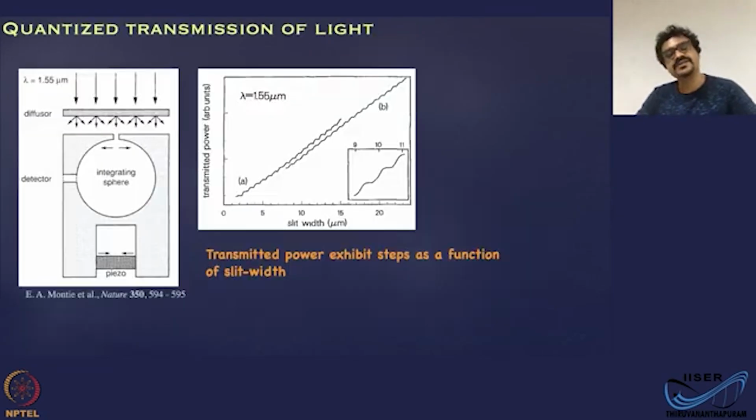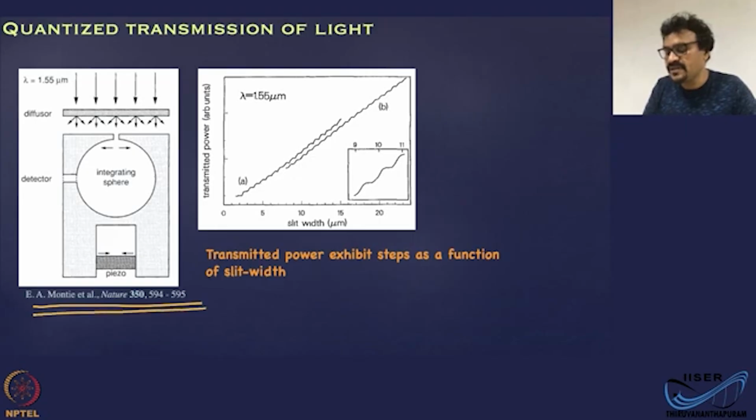Now, very interestingly, you can also see quantized transmission of light too. There is a landmark experiment published in this journal. What you have is a source of light, and of course a diffuser, which is going to make it uniform.